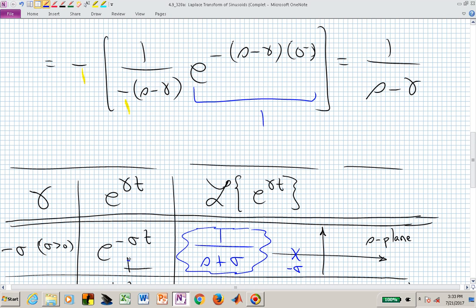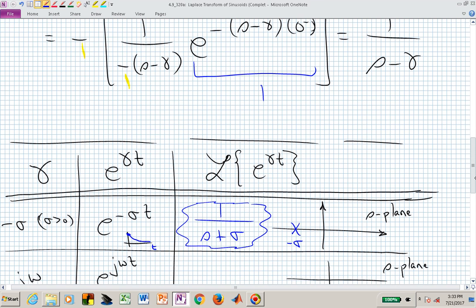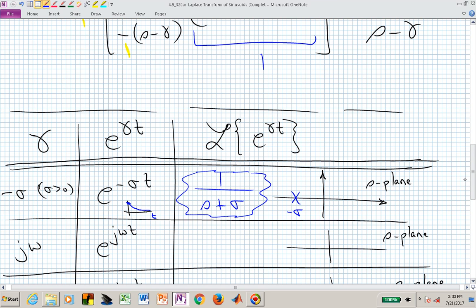This is now doing something like that. This is now a decaying exponential as a function of time. Its Laplace transform produces this transform 1 over s plus sigma, because we've derived that relationship for the Laplace transform of an exponential.